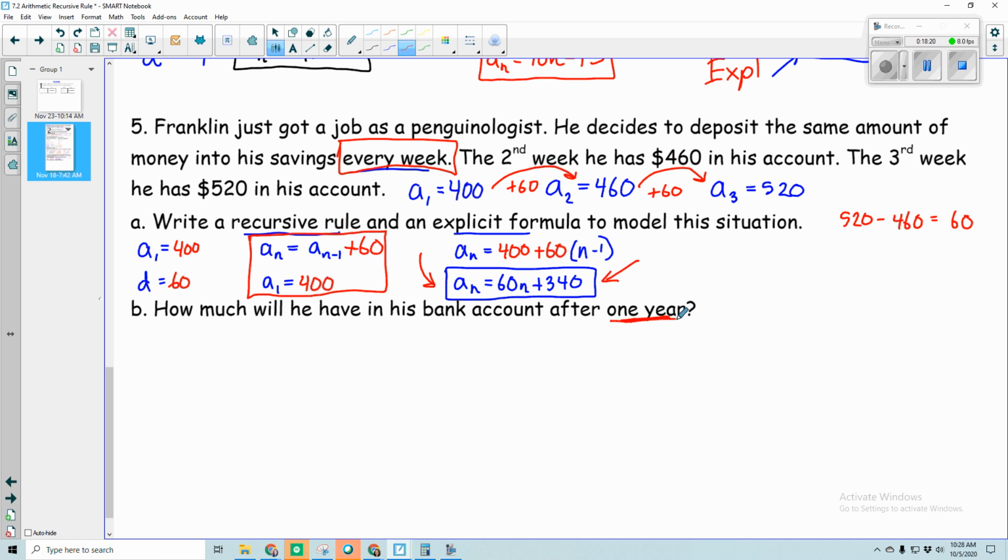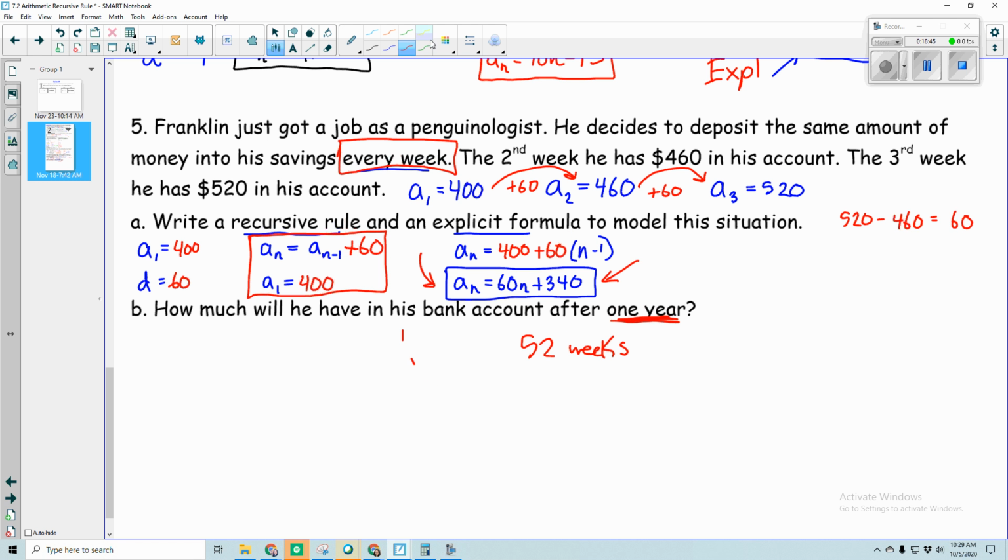So in 1 year, let's see, how many weeks are in a year? You might need to look that up, but if you know that off the top of your head, it's roughly 52. So there's 52 weeks in a year. I want to see what's happening on the 52nd week, or what's the 52nd term in this sequence?